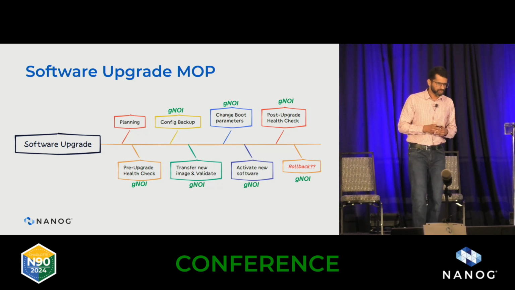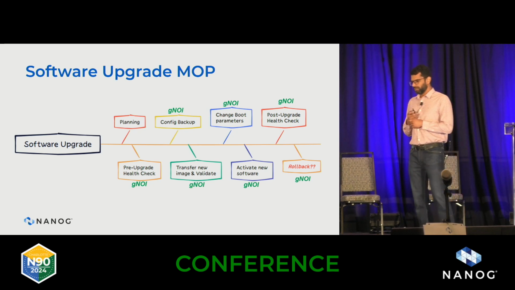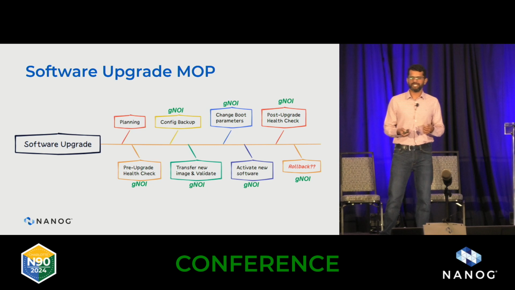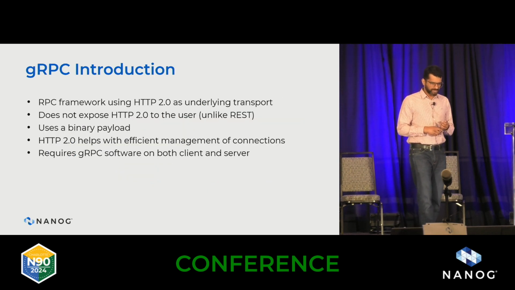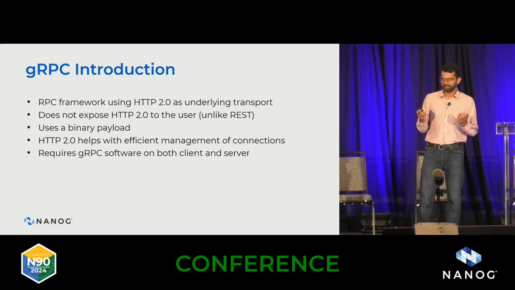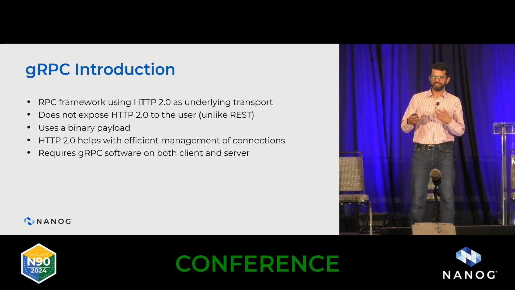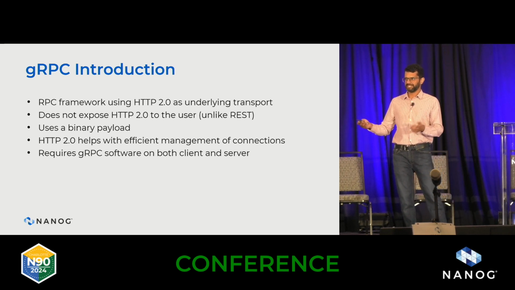Okay. So with that context, let's dig deeper into GNOI. Now GNOI is a gRPC based service. So before understanding GNOI, we need to understand gRPC. Right. gRPC is an RPC framework, and these days gRPC is interchangeably used with GNMI or telemetry. Right? When you say gRPC, the first thing that comes to your mind is telemetry.